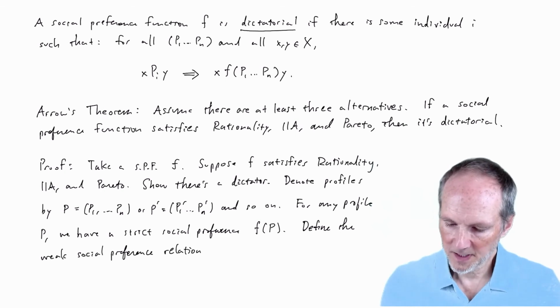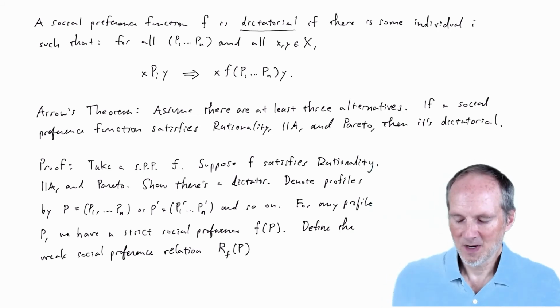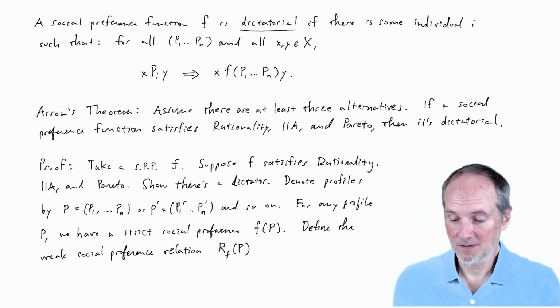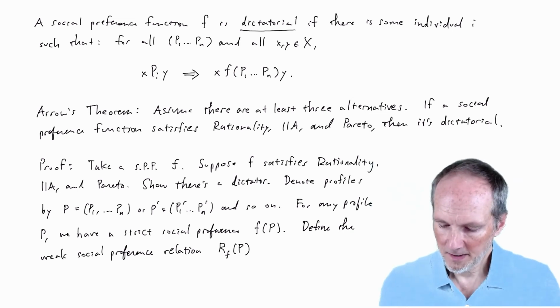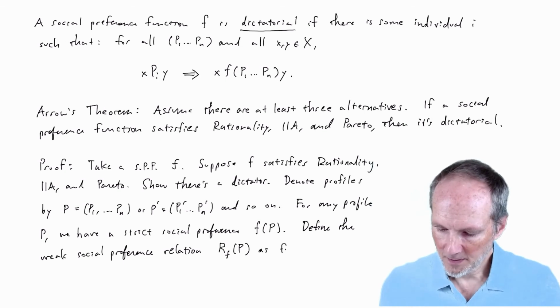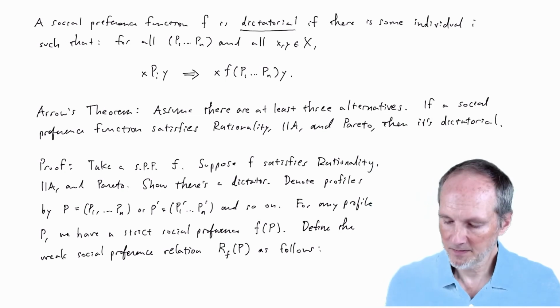I'm going to use this notation R again, and I'll put a little F subscript so we know that it's being generated by the social preference function that we have here. So the weak social preference relation is defined as follows. I'm just going to use the same convention as we did for individuals.